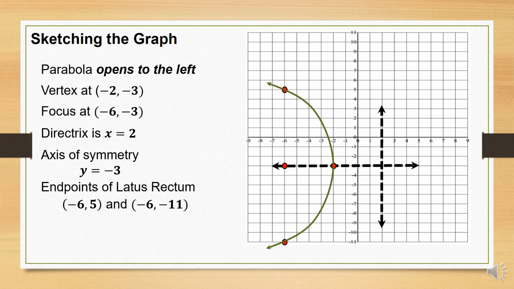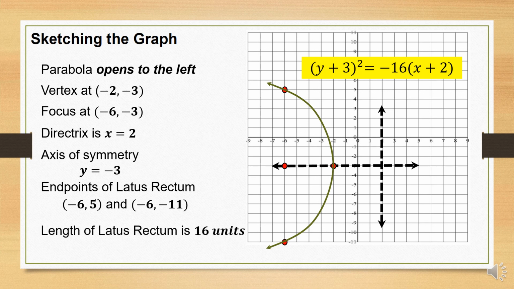So we have now this graph of a parabola. So this is now the graph of the quantity y plus 3 squared is equal to -16 times x plus 2. Then the length of latus rectum is 16 units.